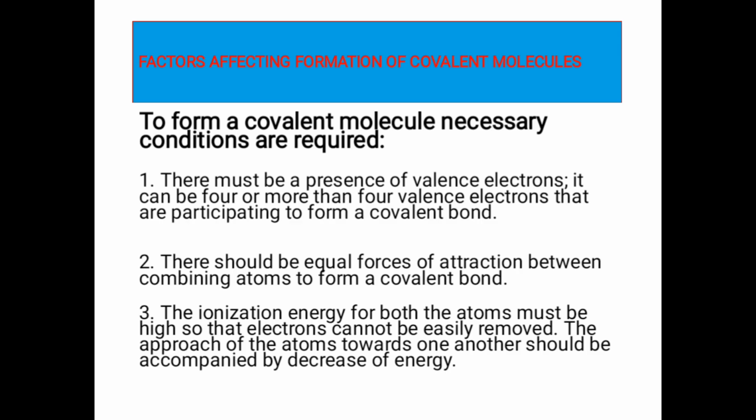Number three is that the ionization energy for both atoms must be high so that electrons are not easily removed. And then the approach of the atoms towards one another will be accompanied by a decrease in energy.